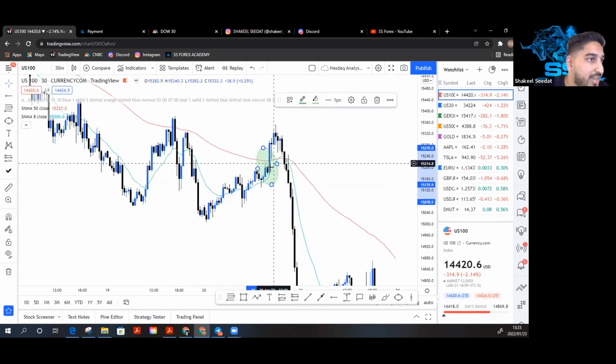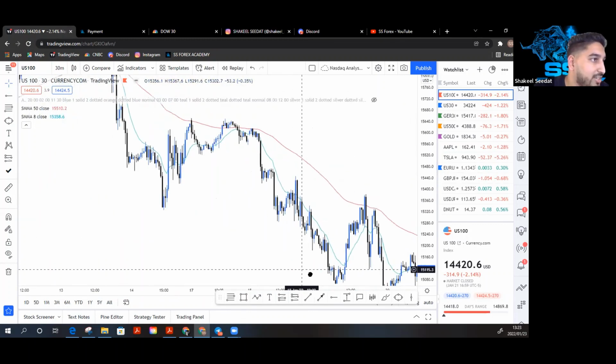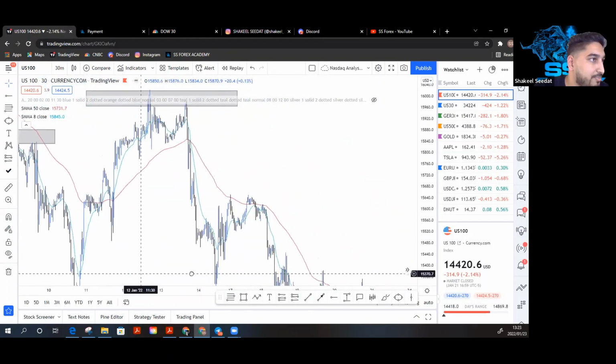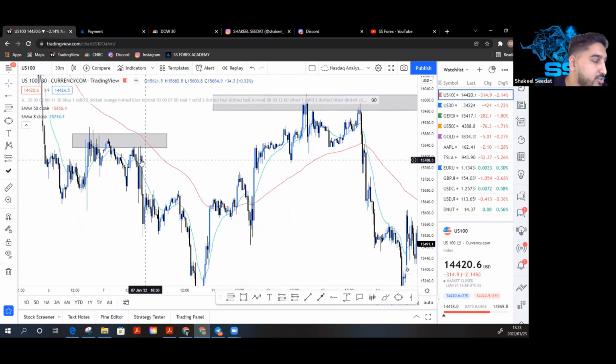However, the 8 moving average was not above the 50. Like these examples previously, the 8 moving average was below. Can you see? The 8 moving average was below the 50. And the candlestick closed below both moving averages.